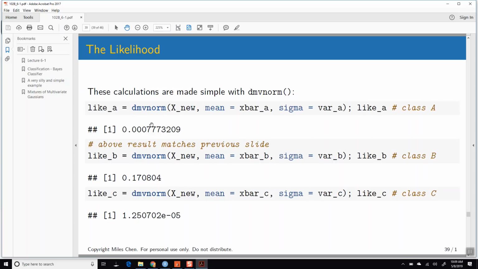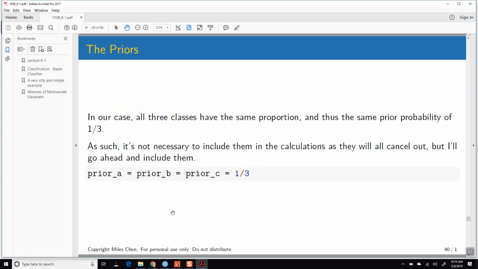We do this for all 3 classes to get the likelihood. We take the same point 0, 0 and compare it using the mean of A, the mean of group B, and the mean of group C, and we can see the likelihood for B is far higher.